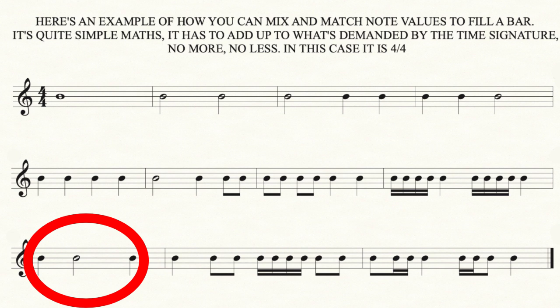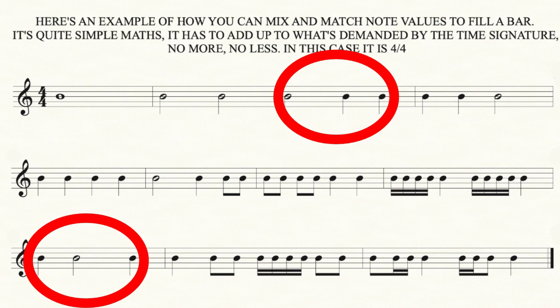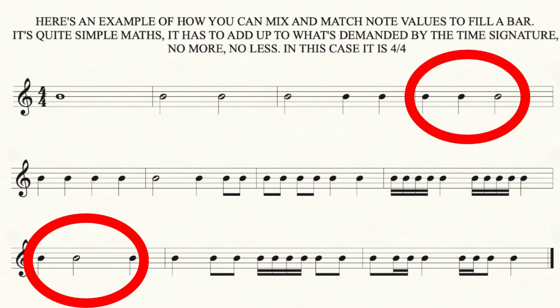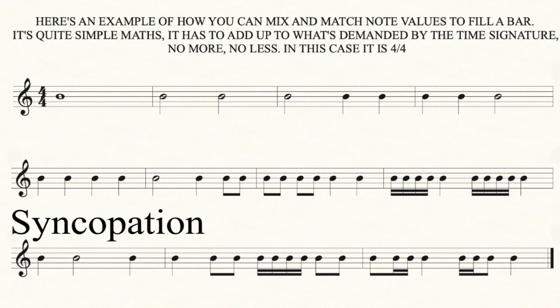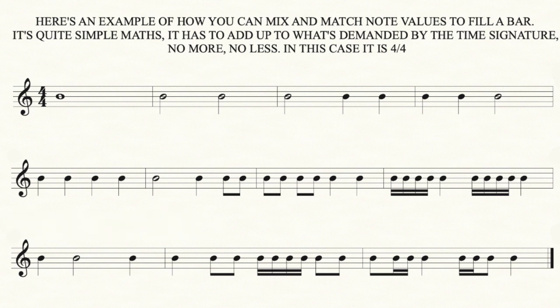It is a variation of the same rhythm you have seen in the last 2 bars of the first line. It is the same elements, just in a different disposition. This specific configuration, which is basically a long note sandwiched between 2 shorter notes, is called a syncopation. We will see more about that later on during the chorus. For the moment, you just need to know it's called a syncopation.